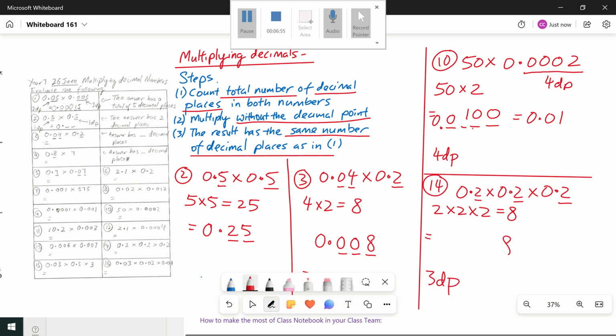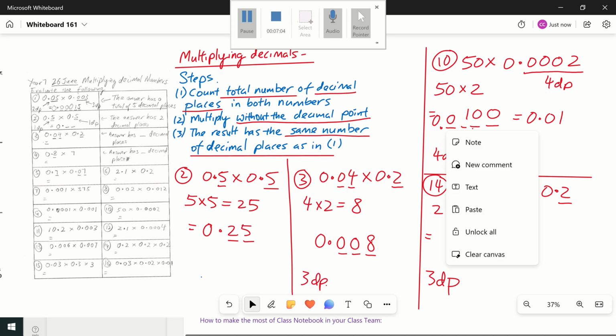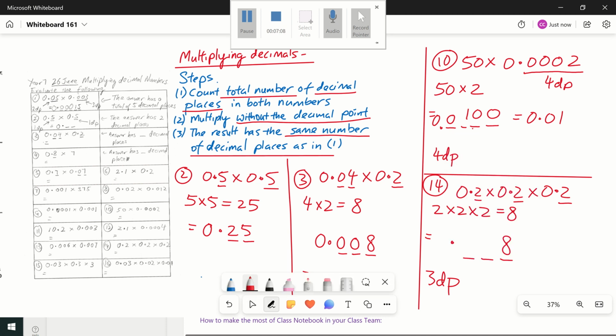So starting from where 8 is, underline the 1st digit, underline the 2nd digit, underline the 3rd digit, and we're going to put a decimal point there. We'll fill these empty spaces with zeros. So the answer is 0.008.